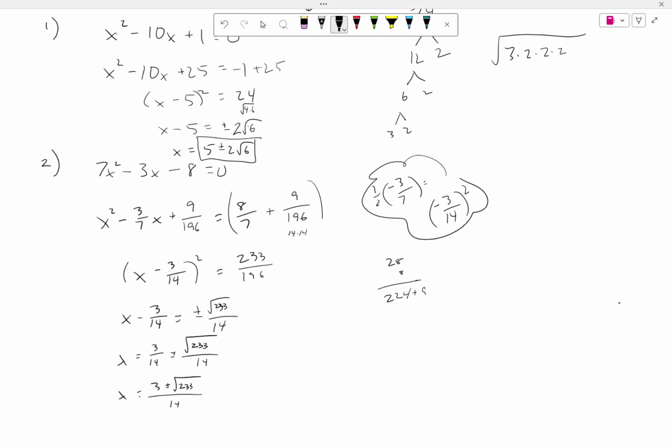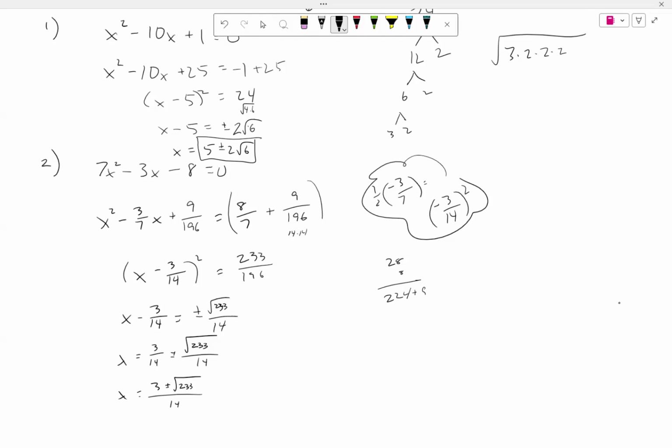Does 9 go into 233 possibly? Do you know the check to see if 9 goes into a number? What do you check with your neighbor? How do you check to see if 9 goes into a number? So we know that 9 does not go into this because 2 plus 3 plus 3 is equal to 8.